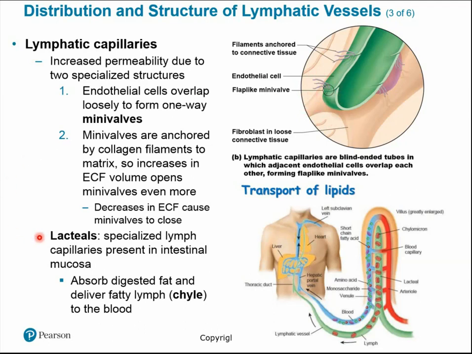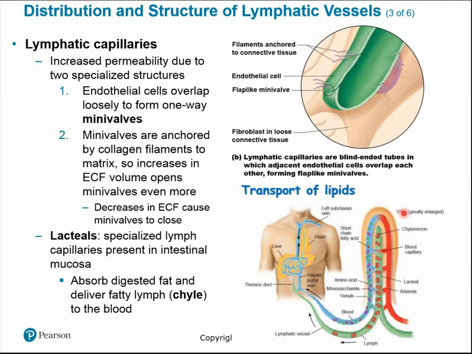Lacteals are another type of specialized lymphatic capillary that are only found in the intestines. Okay? So they're going to help us absorb and digest fat and deliver that into the blood. So as you take in food, right, so it's going to be kind of processed and filtered through the liver, and then before it's absorbed, right, it's going to enter into these lacteal capillaries before we enter it into circulation.